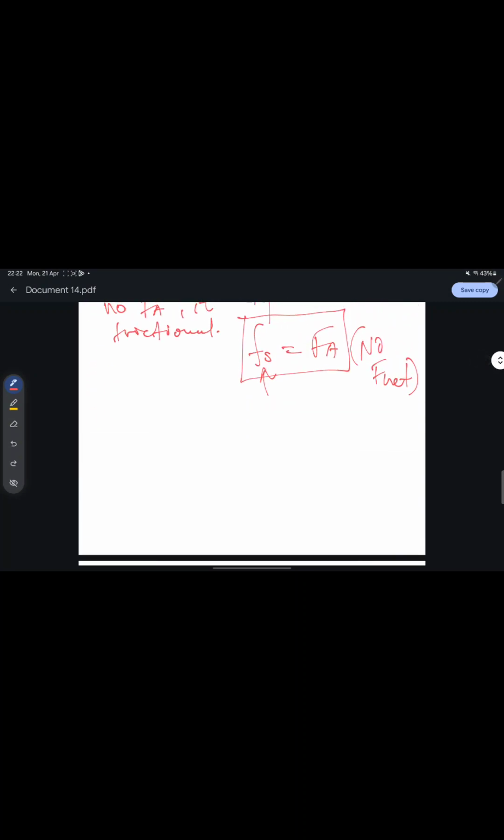Let's give it a proper definition. If a question comes, define the term static frictional force.